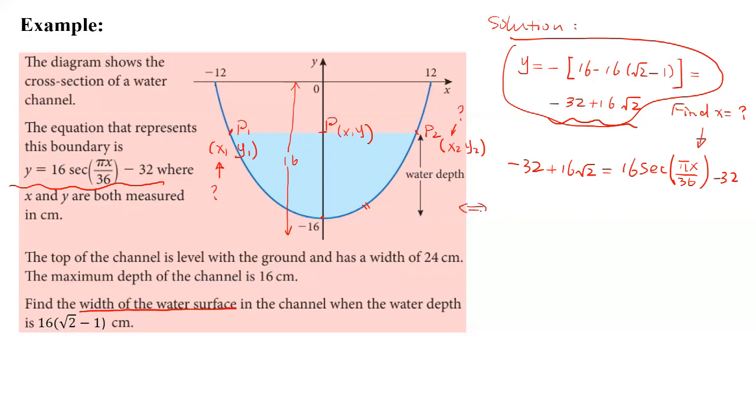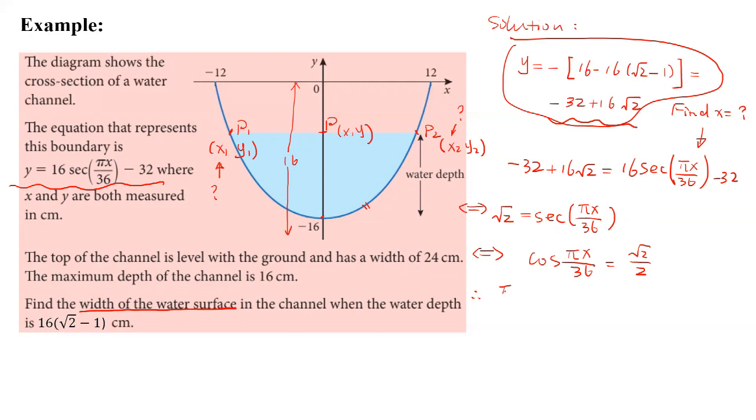Okay, so this equation is equivalent to square root of 2 equals secant pi x over 36, which is equivalent to, secant is the reciprocal of cosine, right? So cosine pi x over 36 is square root of 2 over 2.